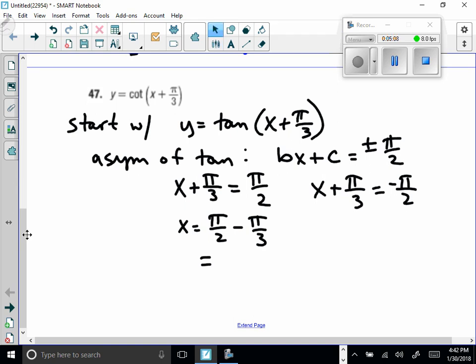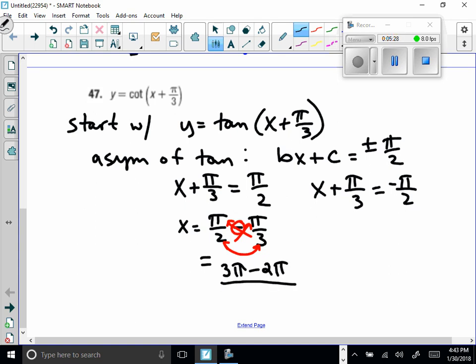And maybe you remember me doing what I call the smiley face method, where we would multiply and multiply. Here it's kind of the eyes, and here's our mouth, and then our nose. Kind of a weird way to think about it, but it really works here. So we would have 3 pi minus 2 pi would be my products for going across there, and then the bottom would be 2 times 3, which is 6.